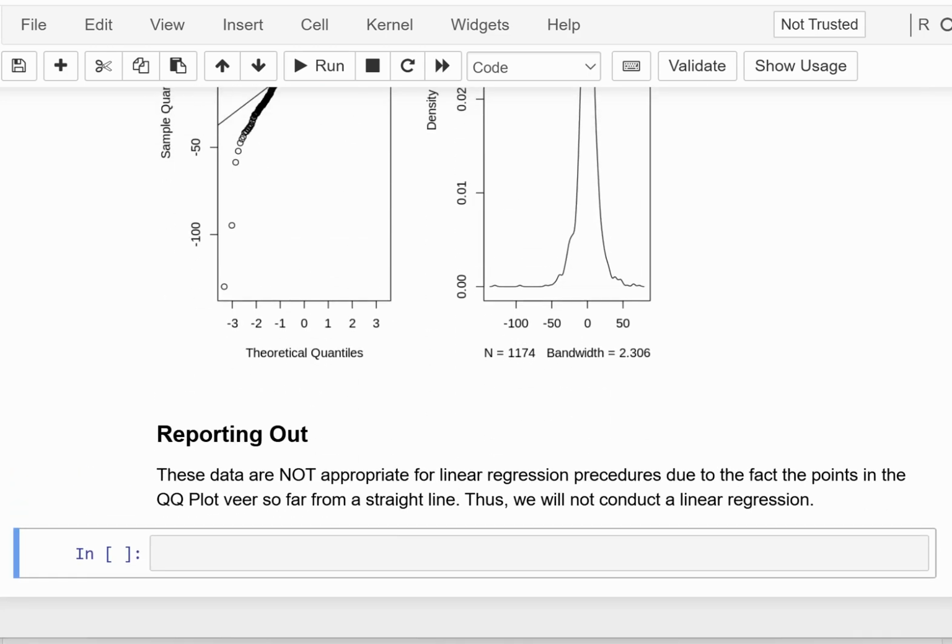All right, so the result for example 3 is no, I'm not running this at all because the data are not appropriate for regression. And you will get 4 full points on a test for doing the right thing based on the data verification. So be very careful with your data verification.